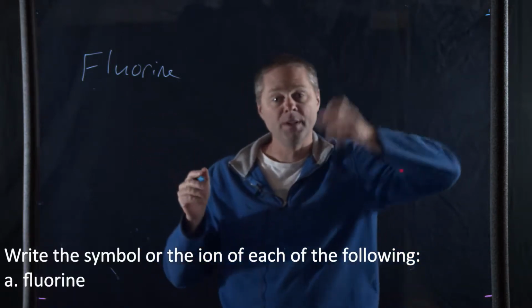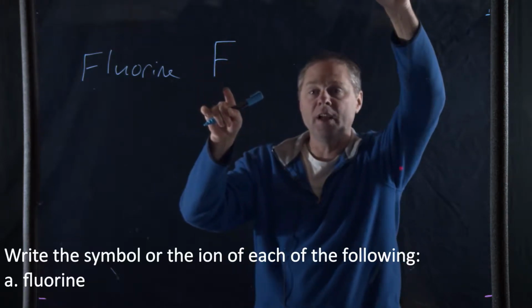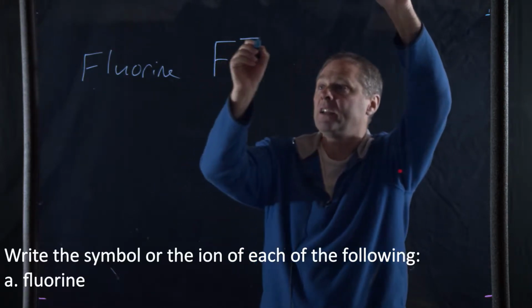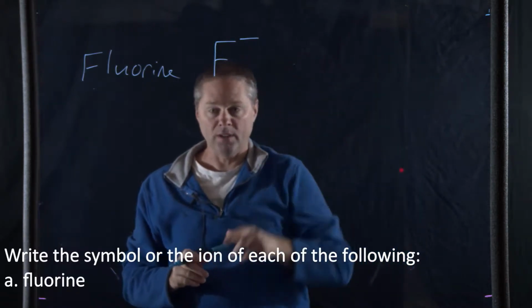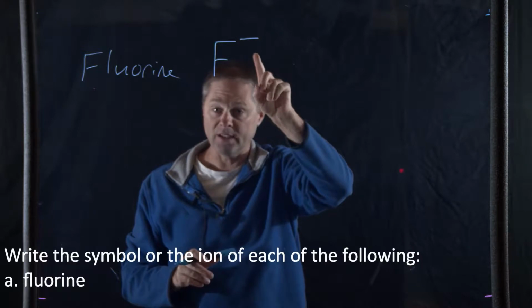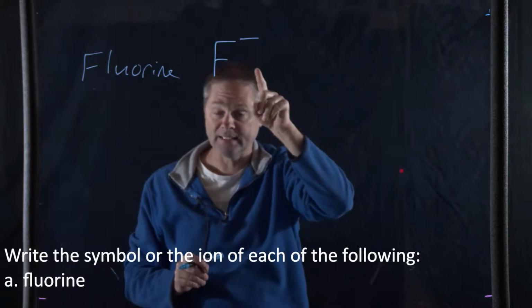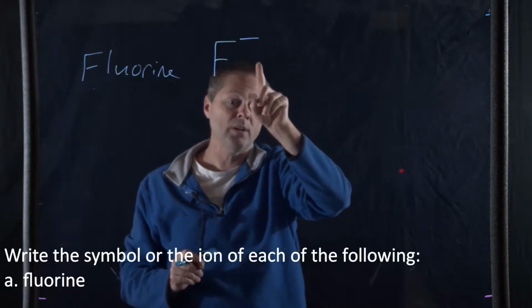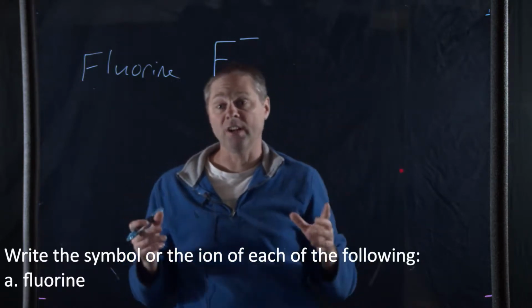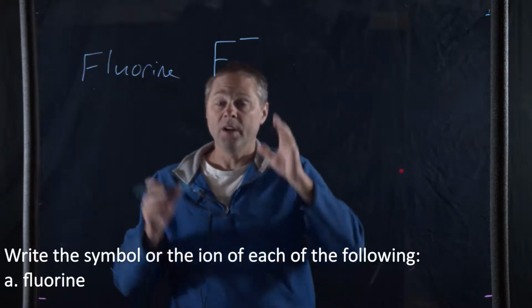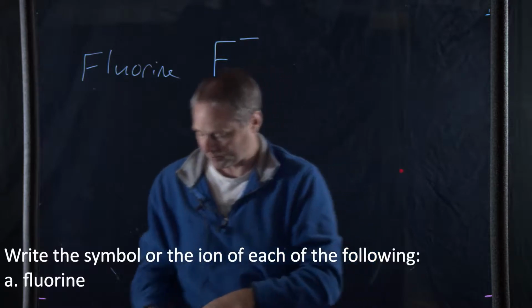Well, fluorine is going to be in the halogens, and so the symbol for fluorine is F, and as the ion, it's going to be -1 because it's going to gain 1 electron. Thus, why the negative sign? That negative sign does not mean that it loses an electron. It actually means that it gains an electron. So if it gains that 1 electron, it will now have a noble gas configuration in which its entire octet will be completely full. It will go from 7 to 8 by gaining that 1 electron.